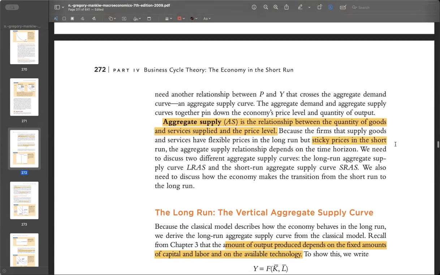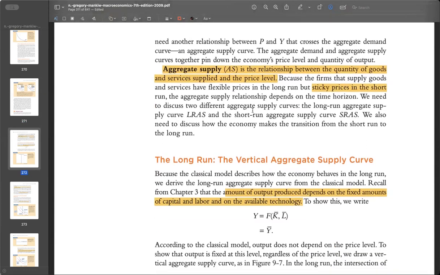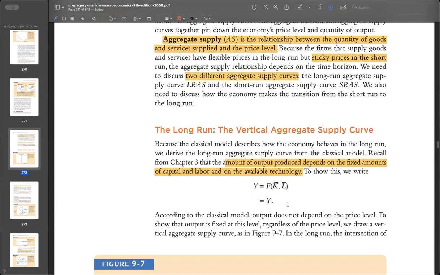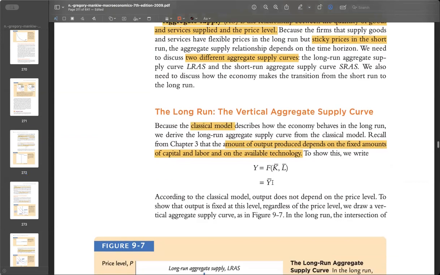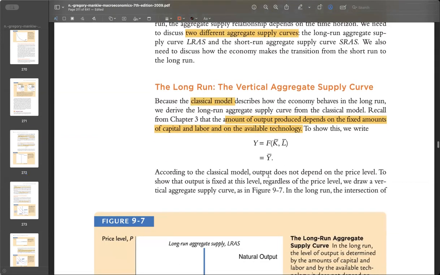To formalize that, we'll need two different aggregate supply curves. The first is the long-run aggregate supply curve, or the vertical aggregate supply curve. This is basically the classical model we discussed in chapter 3 and chapter 4, saying that output comes from fixed amounts of capital and labor and available technology. So output is just equal to Y bar, which is based on our productive capabilities.